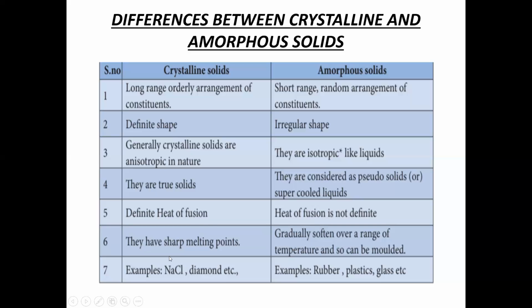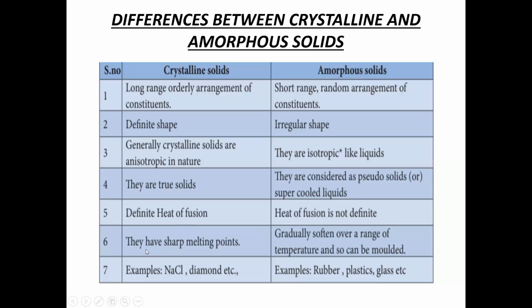Next, crystalline solids have a definite heat of fusion. The heat of fusion means the energy utilized while supplying energy to change the solid into the liquid. Crystalline solids have a definite heat of fusion, whereas in amorphous solids the heat of fusion is not definite.